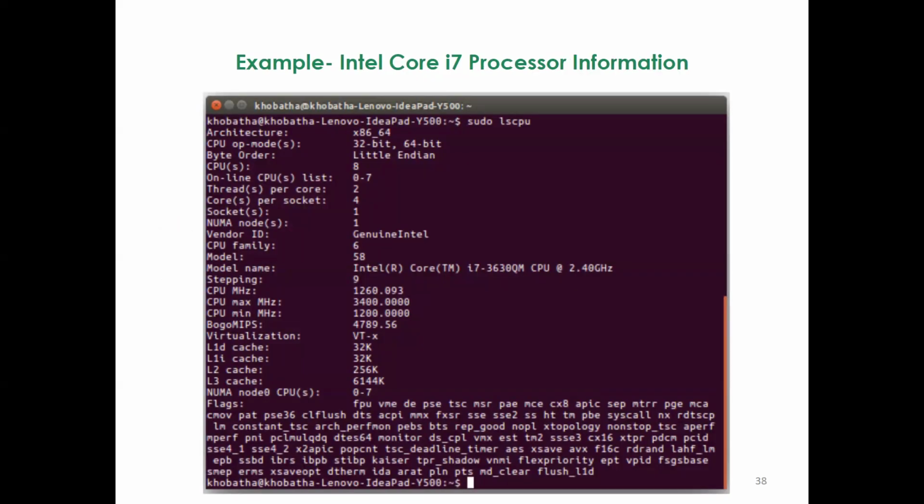This is an example, for instance the Core i7 processor detail showing the architecture. It's 64 bits. It has 8 CPUs, 4 cores per socket. For example, it has level 1 D cache, meaning level 1 data cache, of size 32 kilobytes.